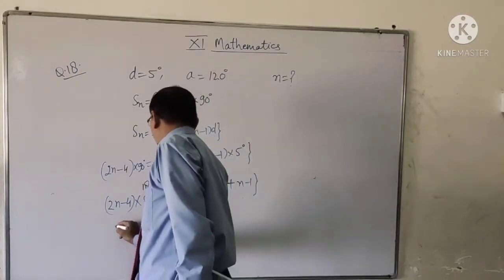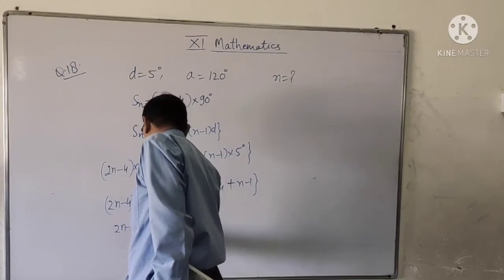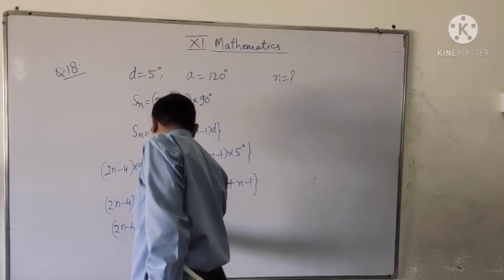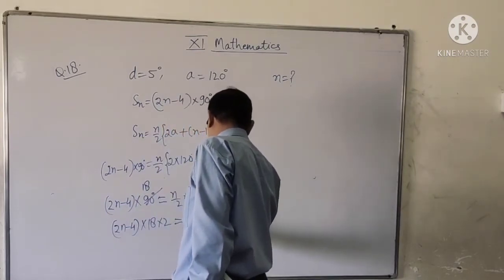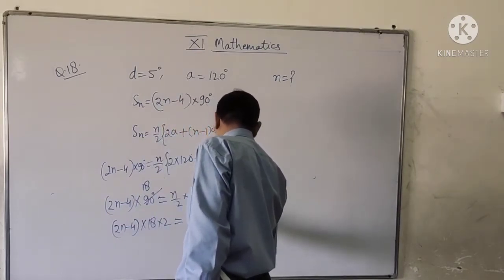Then it is 2n minus 4 into 18, cross multiply by 2, equal to n into 47 plus n.